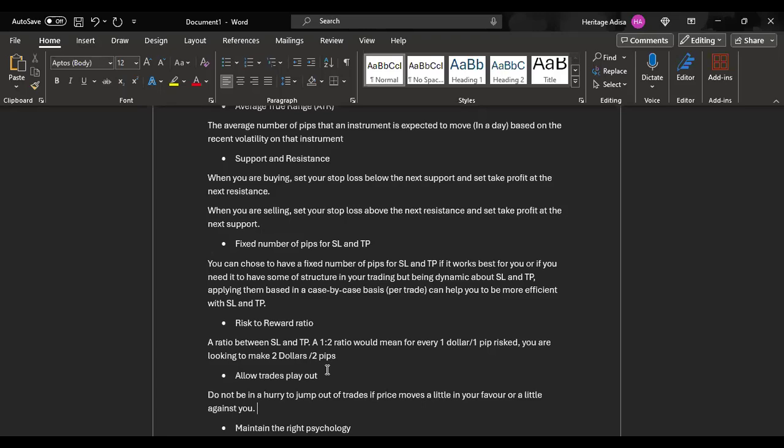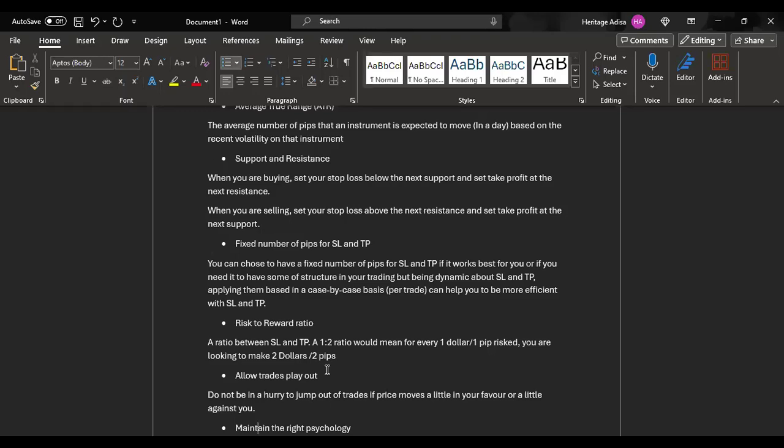Let it be because you can clearly see that the reason why I was in this trade is no longer in play, or market sentiment is no longer in line, or you don't have strong conviction about the trade anymore, but not because you are afraid that you lose the profit you already made, or afraid that price would continue to go against you. Allow your trades to play out. That's a way better way to approach the market.